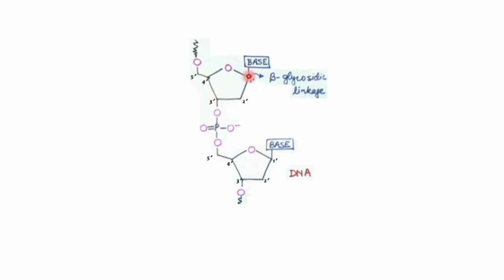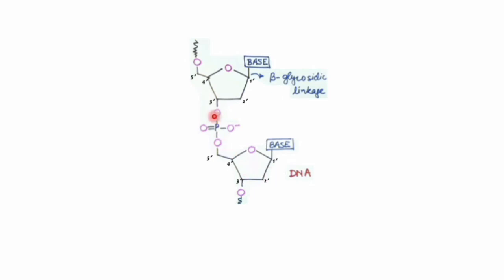Now when the base is connected, remember when you have a linkage here with the base, we call it a glycosidic linkage, and it is connected from the beta position. I mean, the OH was above the plane, pointing vertically up, so that is beta, and it is giving a glycosidic linkage. So I will call it a beta glycosidic linkage with the base.